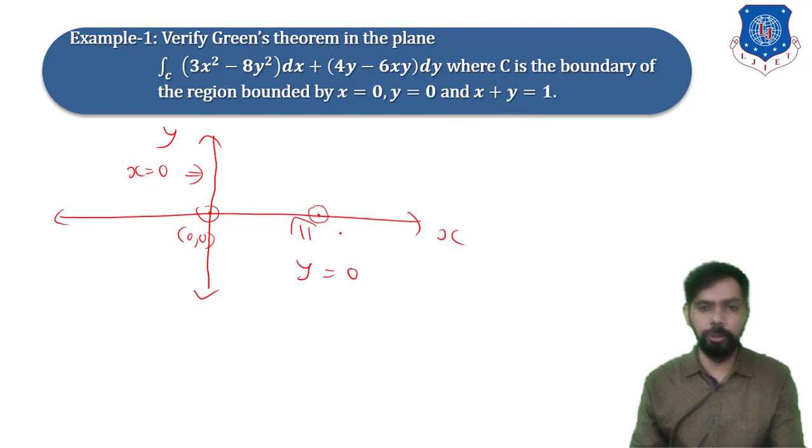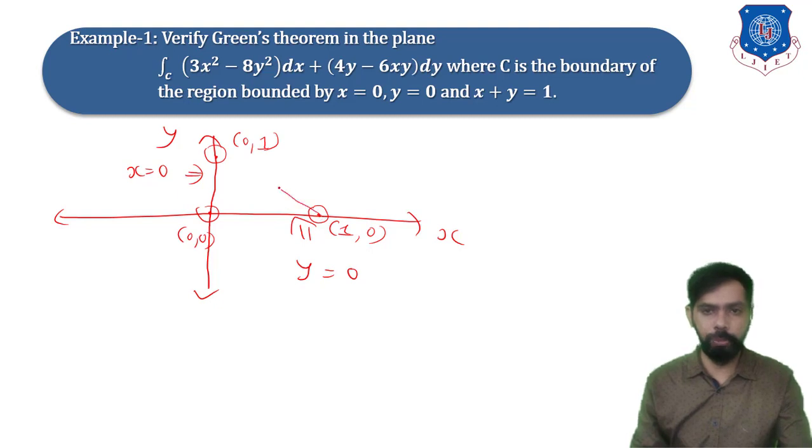Suppose coordinates of this point is 1, 0 and coordinates of this point is 0, 1. So if we join these 2 points, then this will be the graph of line x plus y is equal to 1. Suppose this is O point, this is A point and this is B point. Clear?